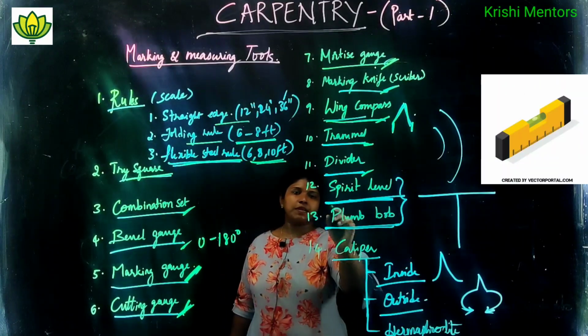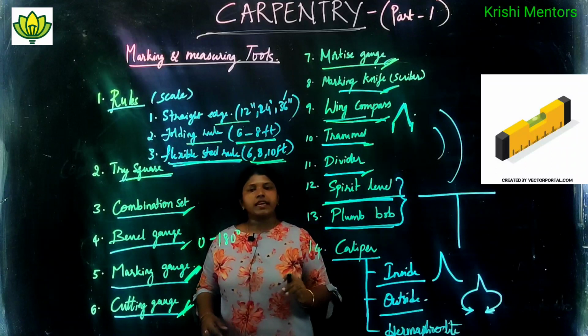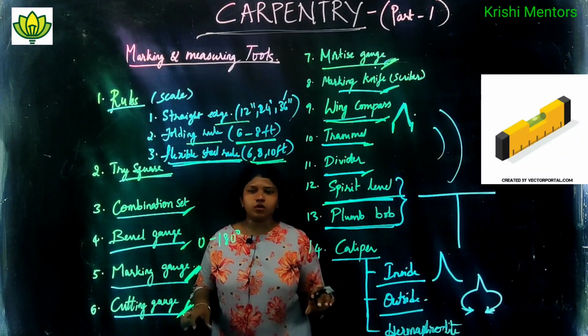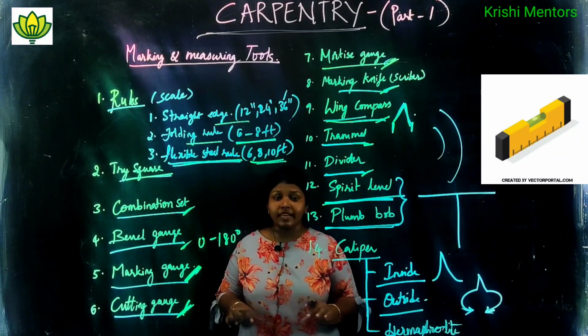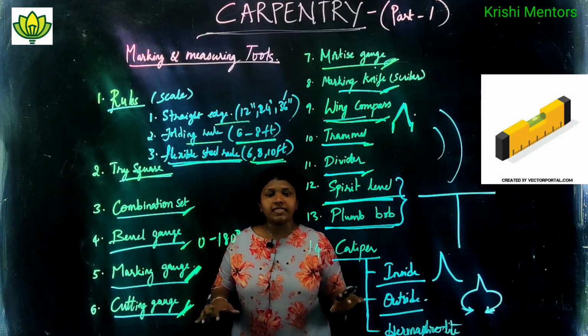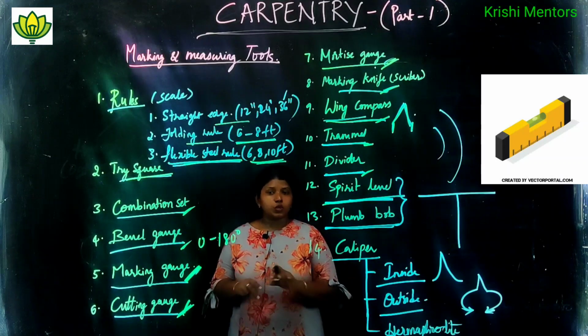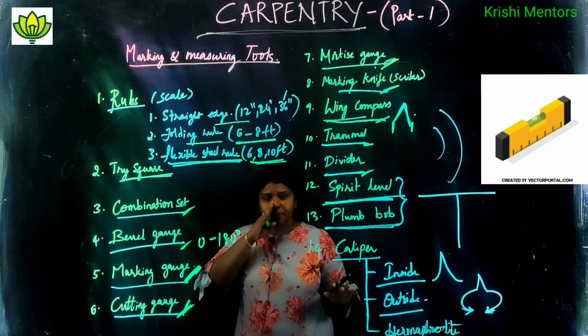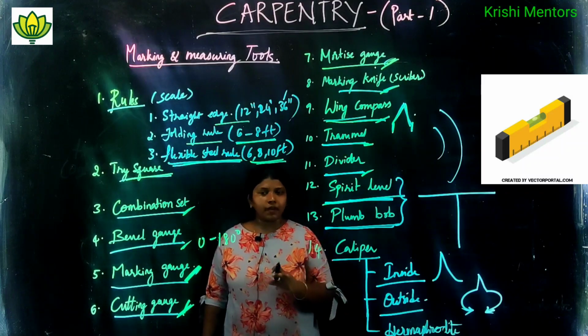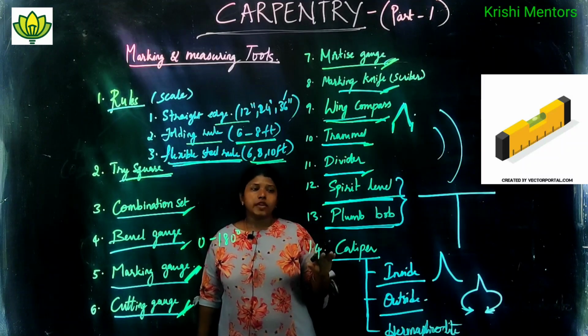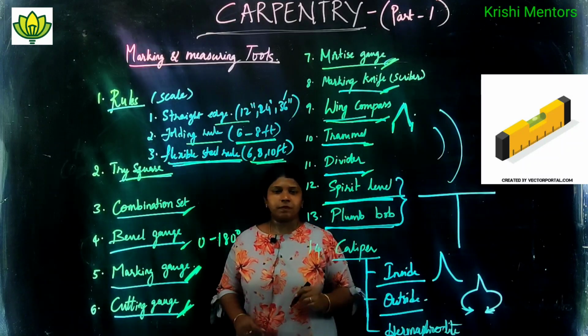And next we have a spirit level. A spirit level is a tool which is used to measure the level of the plane that we have made. For example, I have smoothened the surface of a job. To check whether the job is properly horizontal or not, we will be using a spirit level.